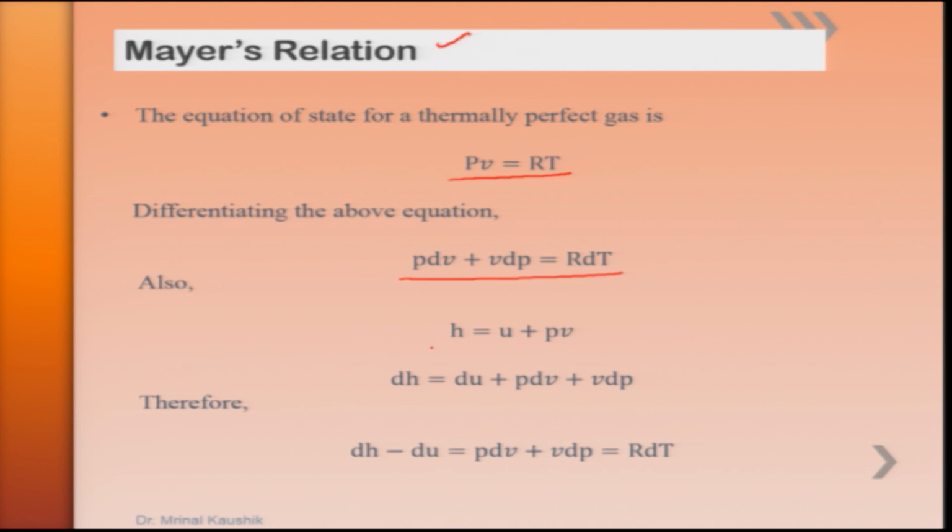Again using the heat function and differentiating, dH is equal to du plus P dV plus V dP, and if we shift du to the left hand side, using the equation of state we can directly write down R dT.